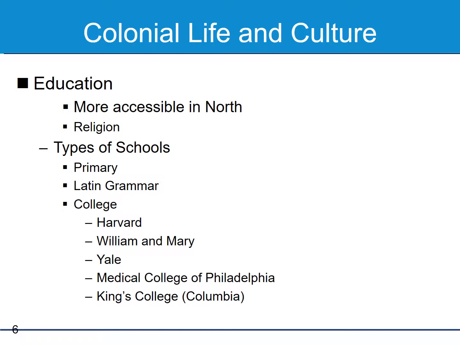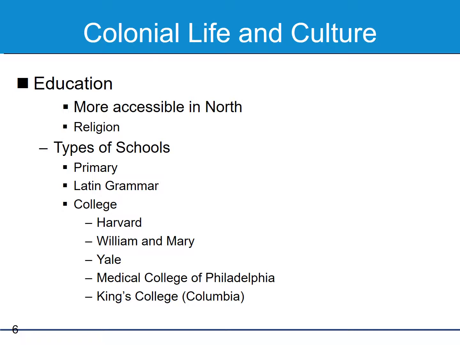Yale was actually established by some Puritan ministers from Harvard who felt that Harvard was becoming too liberal, and so they broke off from Harvard in 1701 and created Yale. So that rivalry between Harvard and Yale goes all the way back to the establishment of Yale.